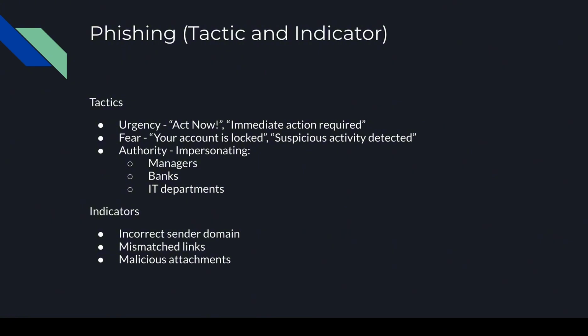For example, an incorrect sender domain. Let's say your bank is bankofamerica.com, but instead the domain says something like banksupport.com, and then America slash America. That would just be incorrect.